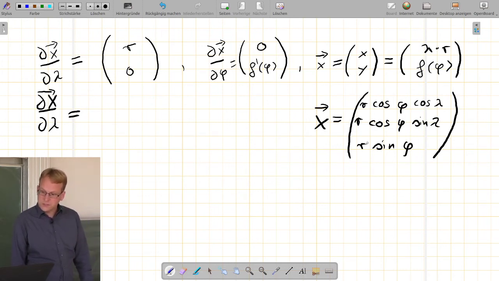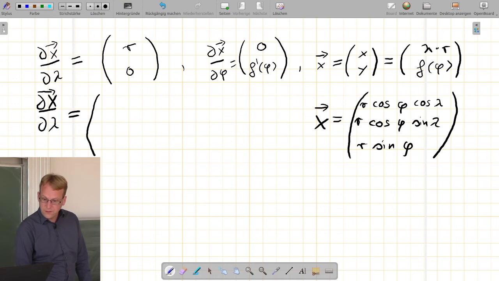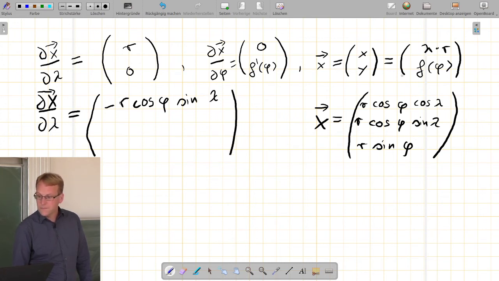So what we can do there is, first of all, let's take the first row. There we have minus r cosine phi sine lambda, because the derivation of cosine is minus sine.